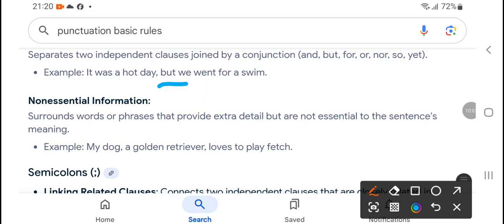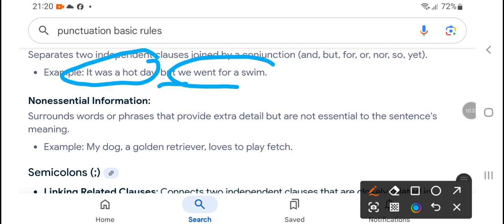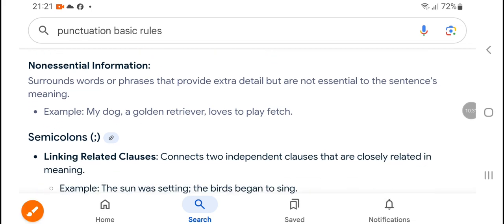So "It was a hot day" is one independent clause, and "we went for a swim" is another. Here, "but" is the conjunction, so before "but" we use a comma.